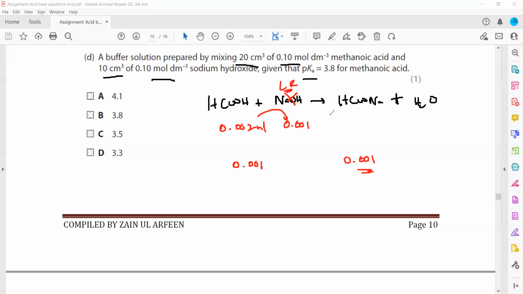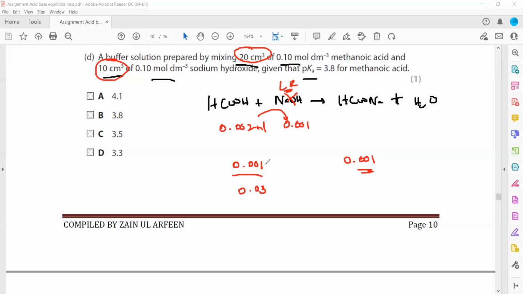So simple way. Now, when we mix them, we need a new concentration, because we mixed them together. We mixed 20 cm cube with 10 cm cube, so the volume is 30 cm cube, which is 0.03 dm cube.